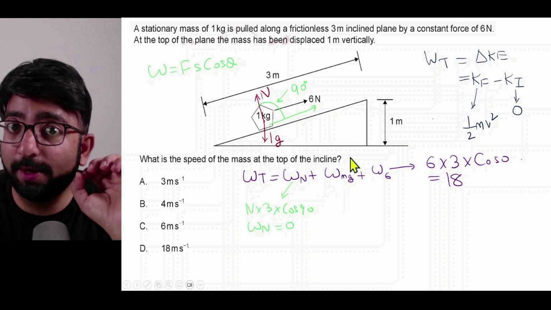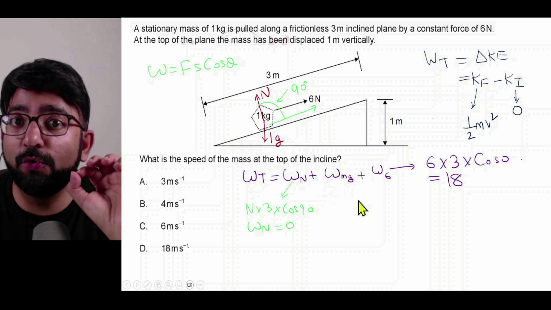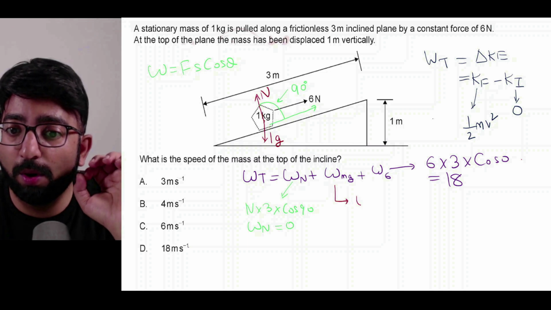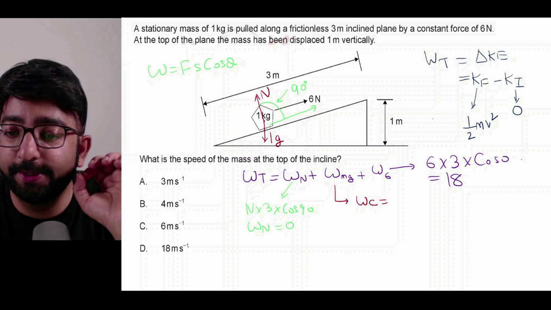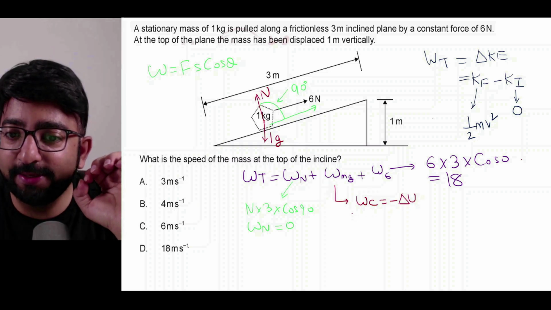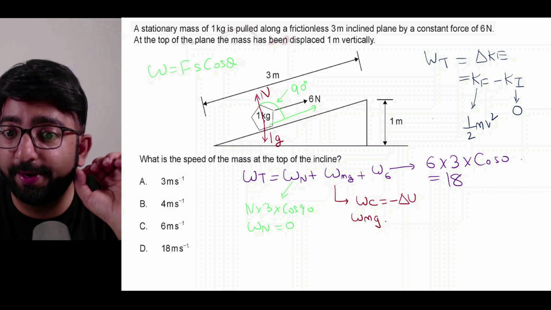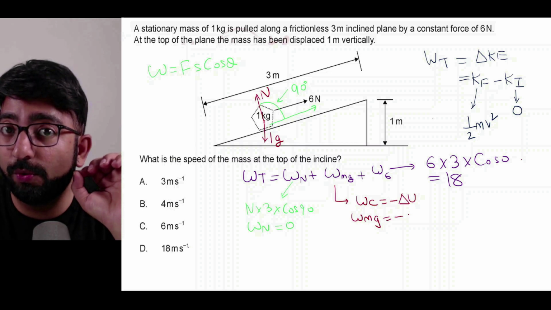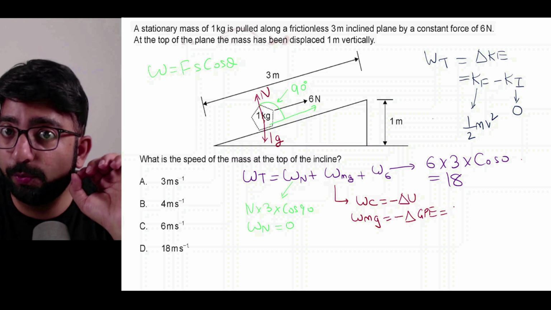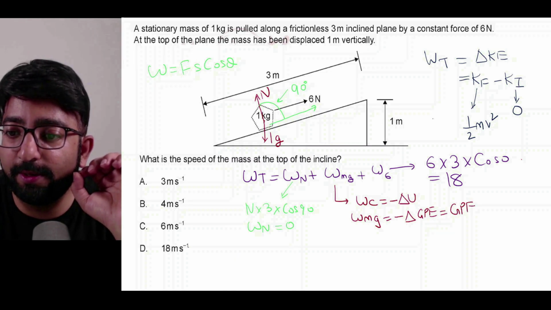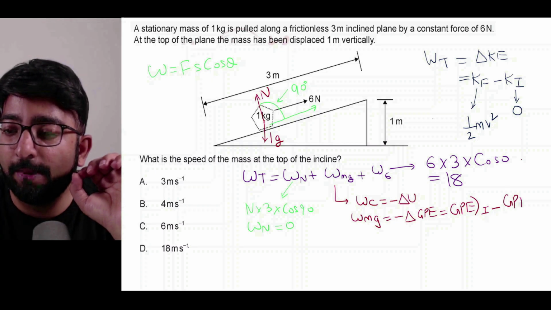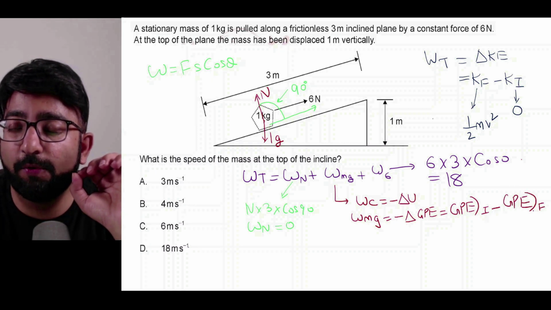Now, to find the work done by the gravitational force, there are two approaches. Method number 1: let us use the formula that work done by a conservative force is equal to the negative of the change in potential energy. In this case, it is the gravitational force which we are dealing with. So this should be equal to the negative of the change in GPE, which is the initial gravitational potential energy minus the final gravitational potential energy.